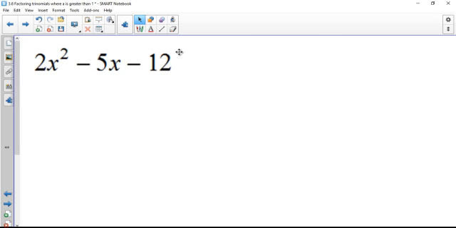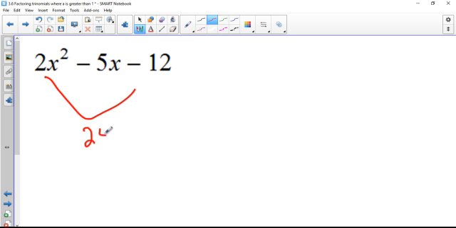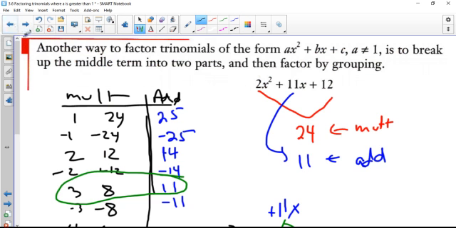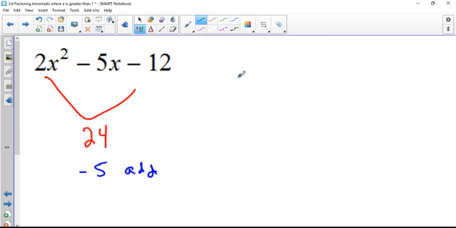So another example. So multiplying to these two, giving us 24, adding to minus 5. So going through all the options again. Sorry, this should be a minus 24.